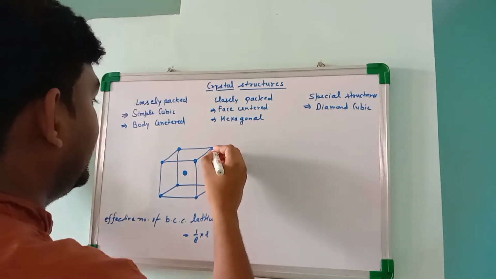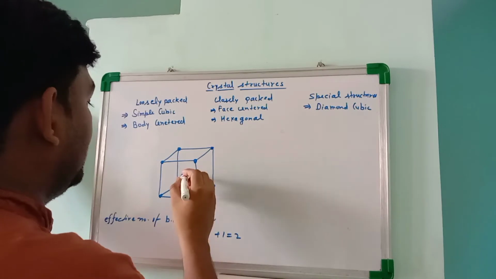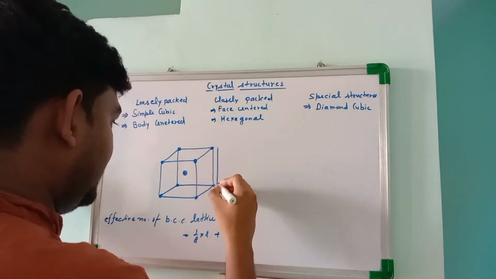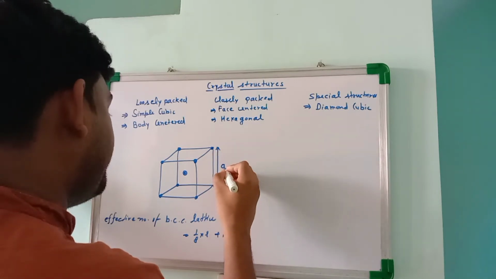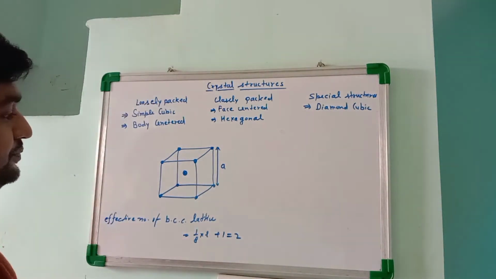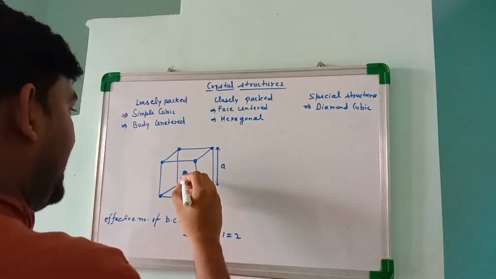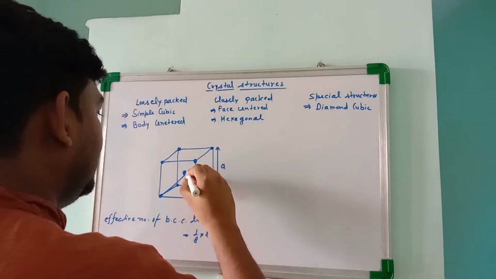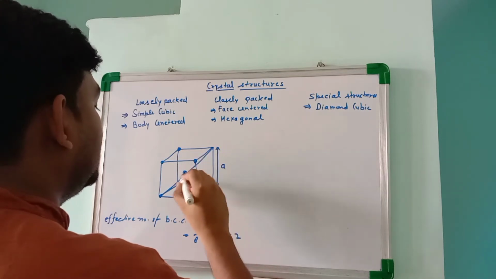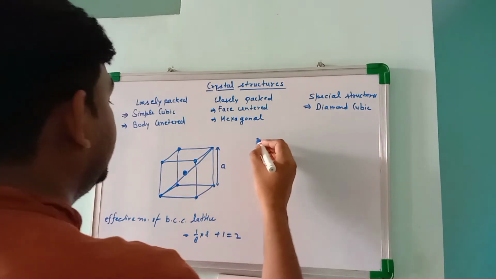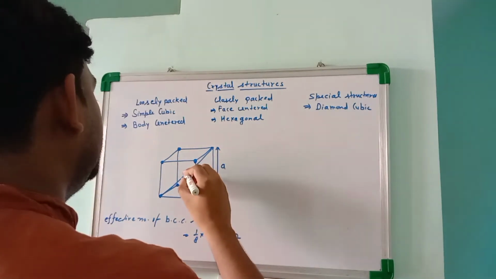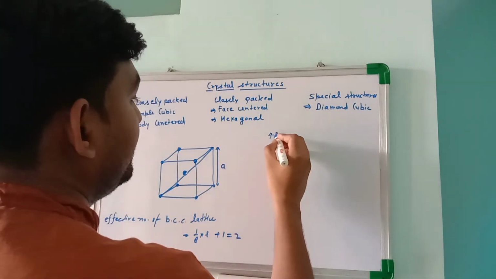First we get the relation between the atomic radius and the cube edge length a. So here we can say that the body diagonal, the length of the body diagonal is like this. That is equal to 4r.